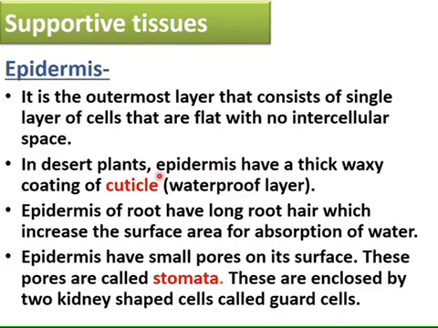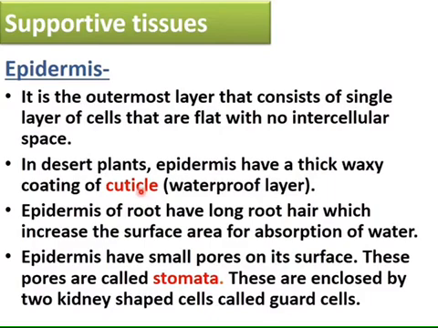Now what is the function of this cuticle? It is a waterproof layer. That is why it protects the plant from loss of water, because it has waterproof quality. So it is the function of epidermis in desert plants.